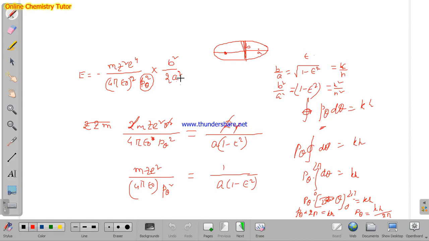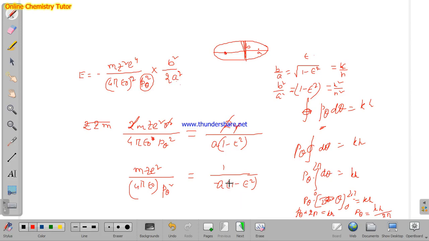Just put the value of b square by a square here, and from this relation a comes down.